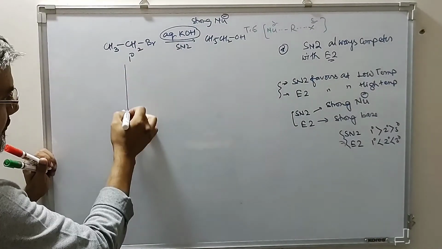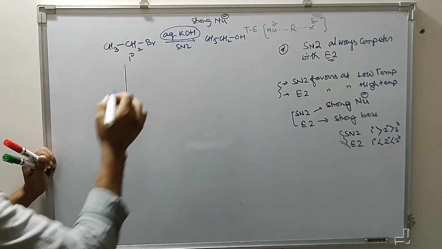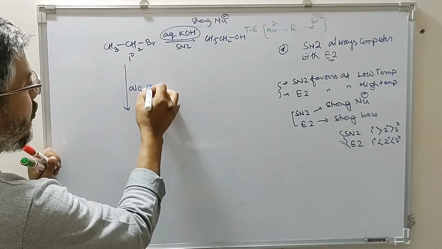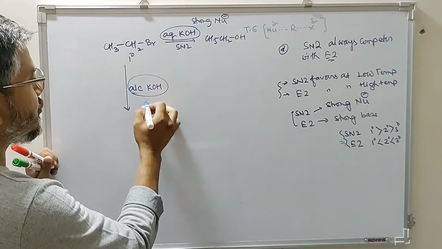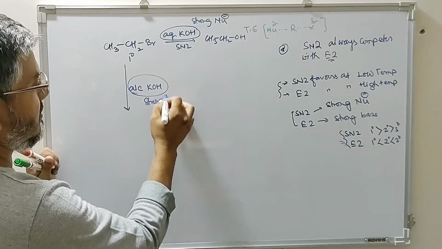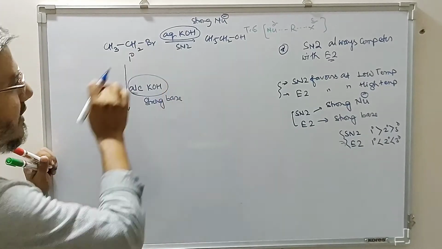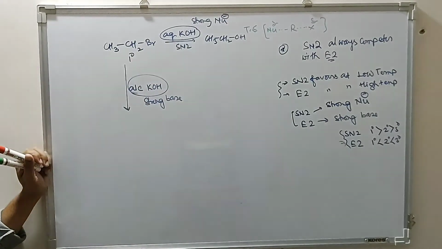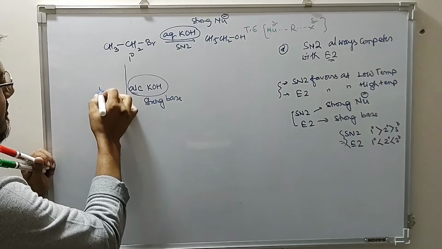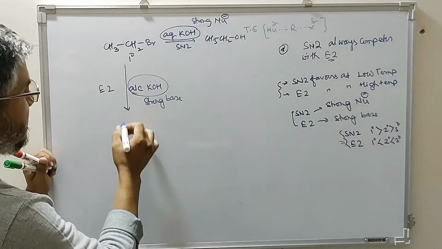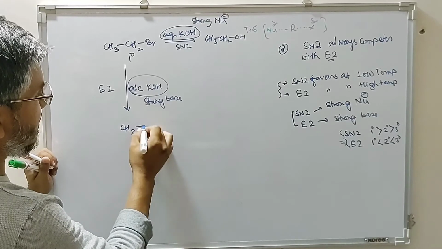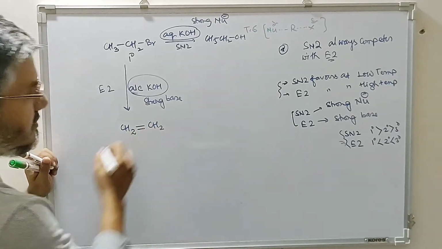But if the same alkyl halide is made to react with alcoholic KOH, this becomes a strong base. So we have alkyl halide plus strong base, so the reaction will favor E2. So this gives you CH2=CH2.